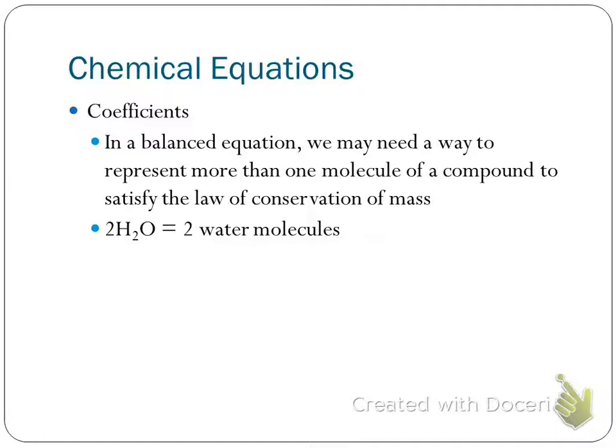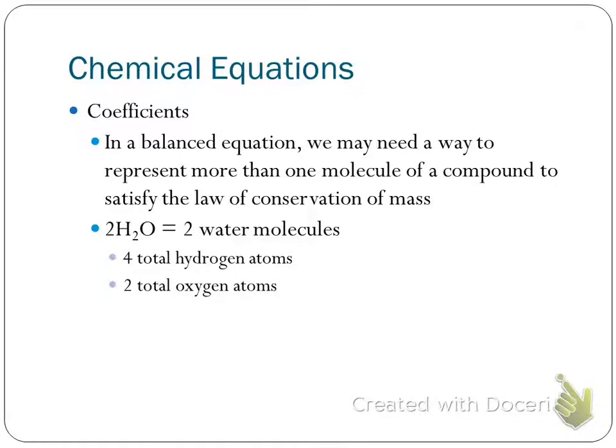The coefficient also tells us that we have 2 moles of that substance. Our scale always works on the atomic level, single atoms or single molecules, and it will blow up to the molar scale. So that 2 tells us that we have 2 water molecules, or when we're looking at a bigger scale, which we mostly do, that means we have 2 moles of water that's got to go into our equation.